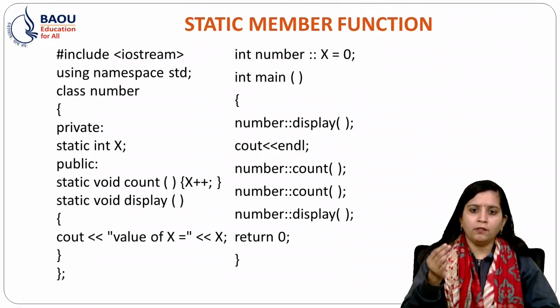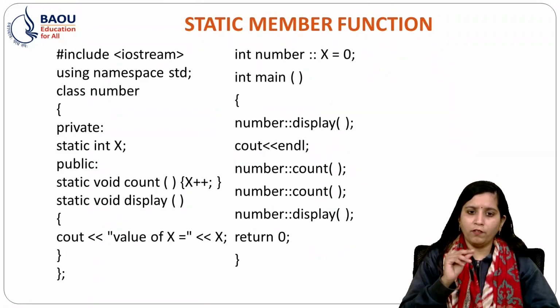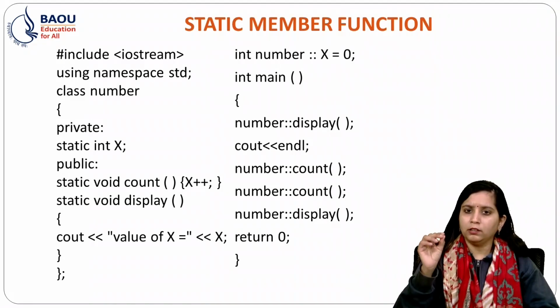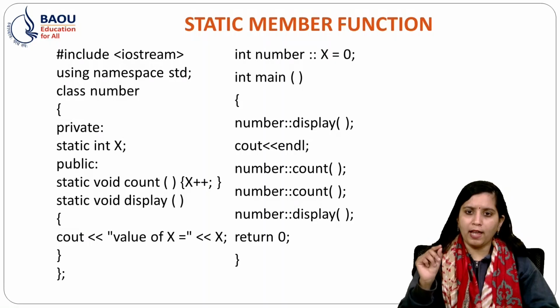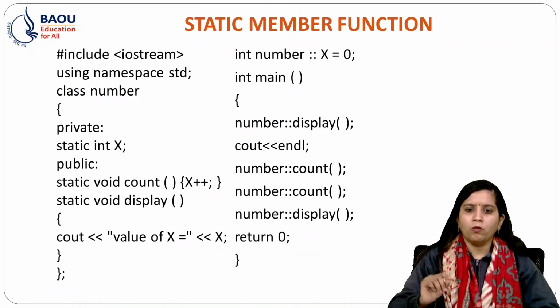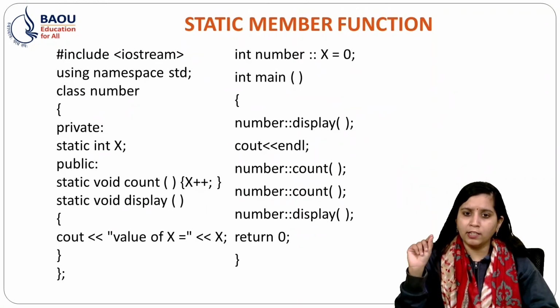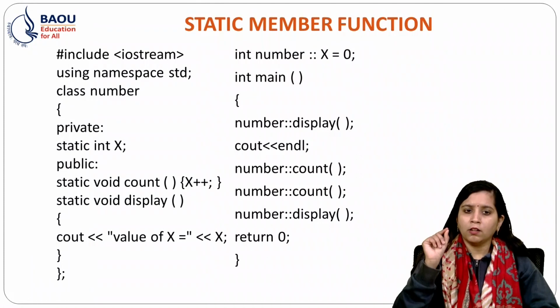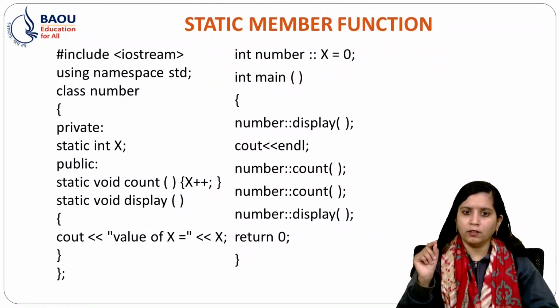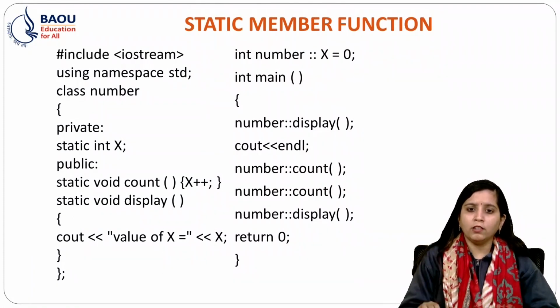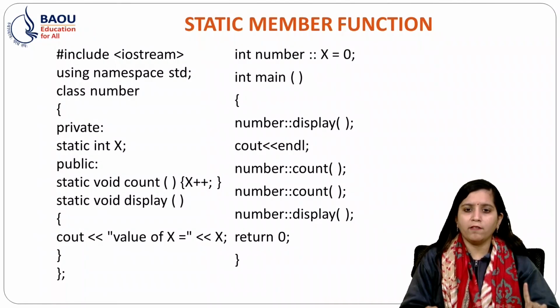And in the last, what we have done over here is int number, scope resolution operator, x is equal to 0. Now first I have number, so this is a class name, and scope resolution operator, then our static void display function, and in that first we get 0 as our output.